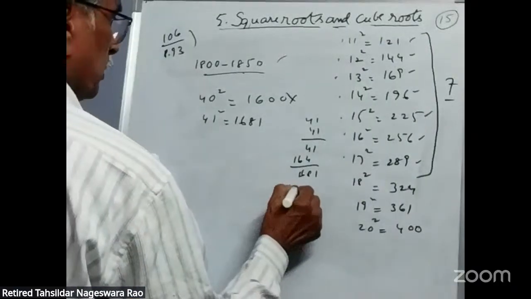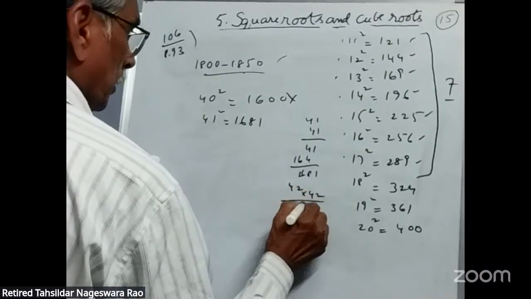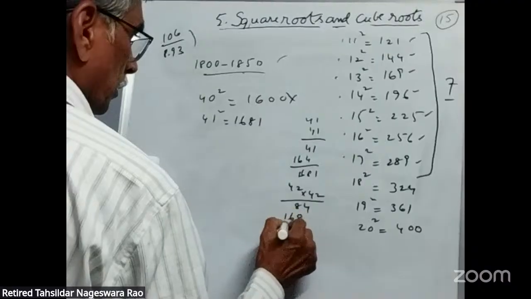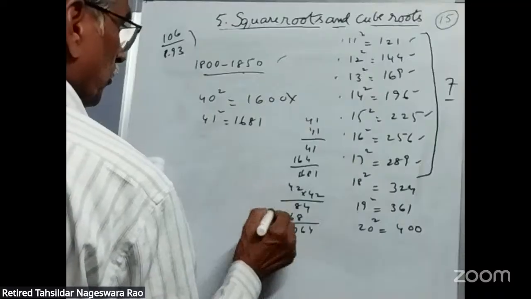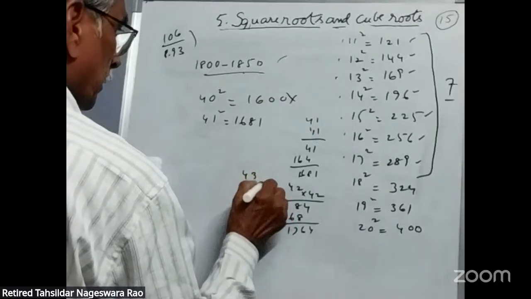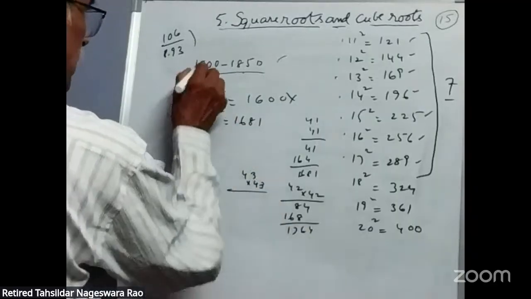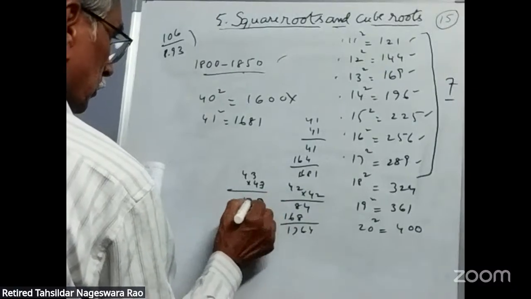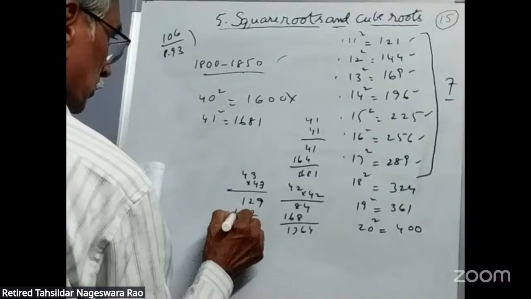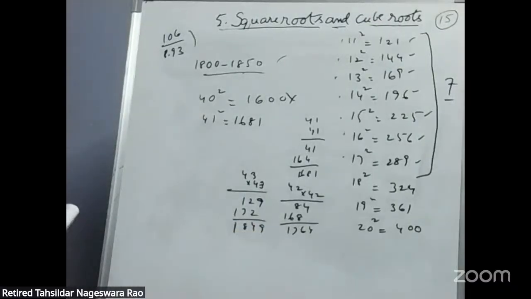No. 42 square is 1764. Then 43 square is 1849. That is a possibility, and 43 is the square root.